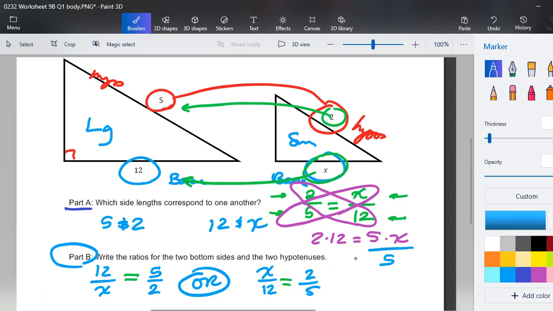We can then solve for x, creating a 1x over here, and then we'll grab our calculator and punch in 2 times 12 equals, and then divide by 5. And what I'm getting on my screen is 4.8. In other words, if these are proportional triangles or similar triangles, the sides will be proportional and we can solve fairly simply for the other side, which is the small triangle.